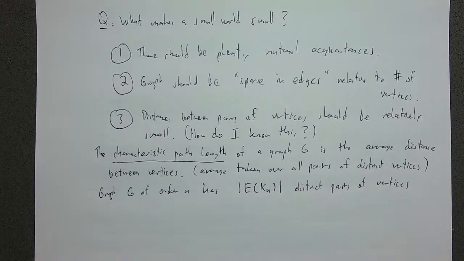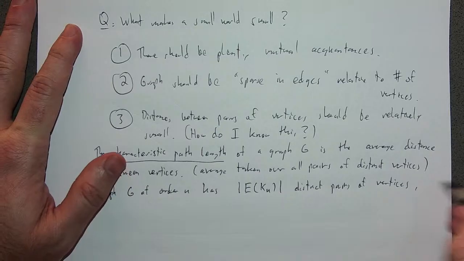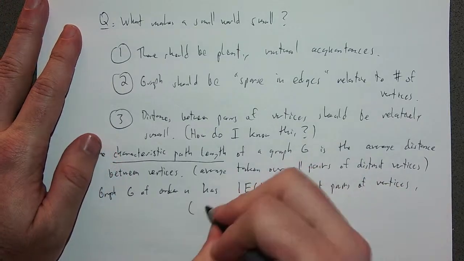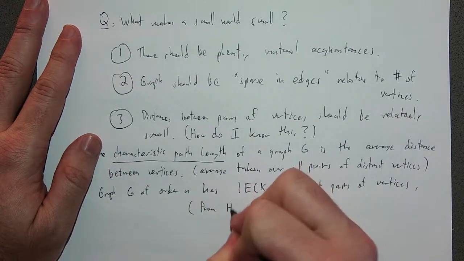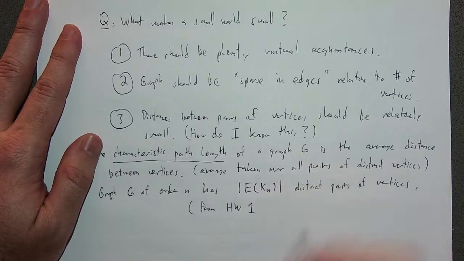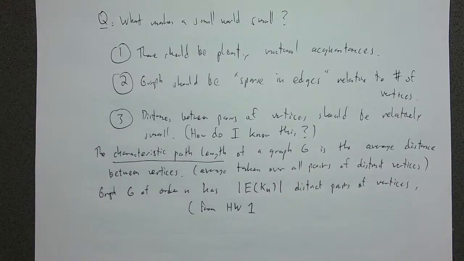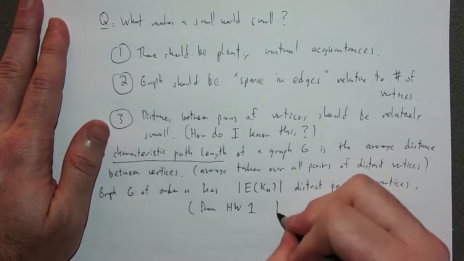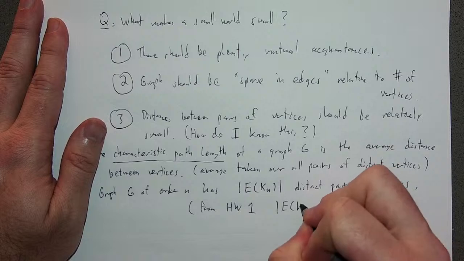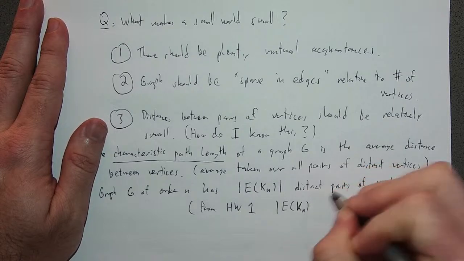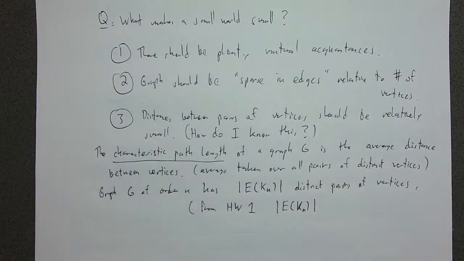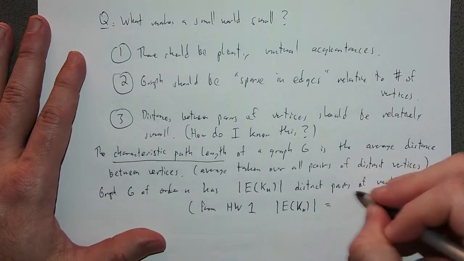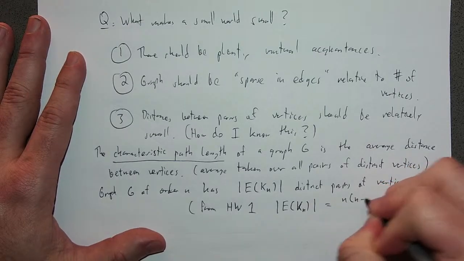But hey, your homework, right, from homework 1, which you haven't done yet, but it's assigned and you can do it. The cardinality of the edge set of the complete graph on n vertices is n times n minus 1 over 2.